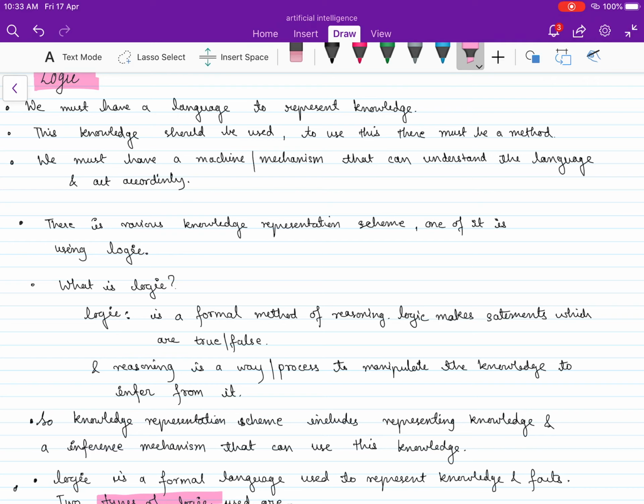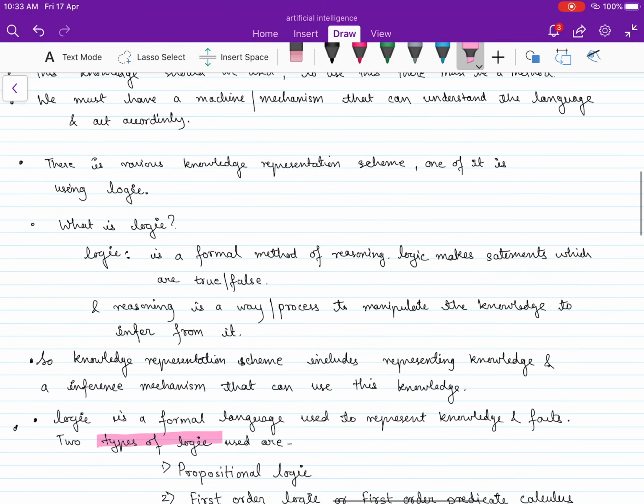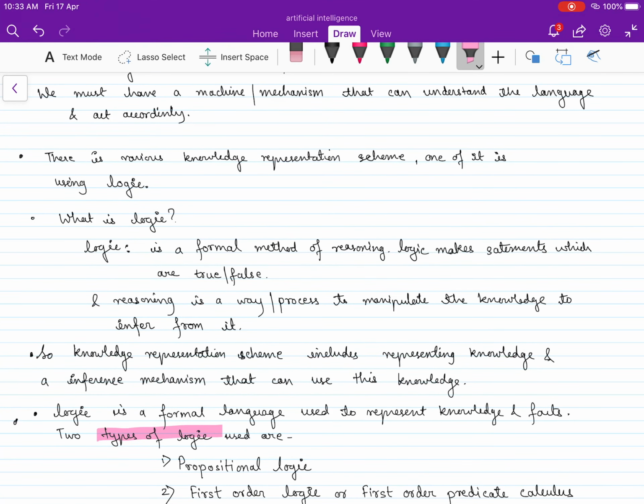There are various knowledge representation schemes. One of them is using logic. What is logic? As we discussed in yesterday's class, logic is a formal method of reasoning. Logic makes sentences which are true or false. So in logic, a sentence should be either true or false.